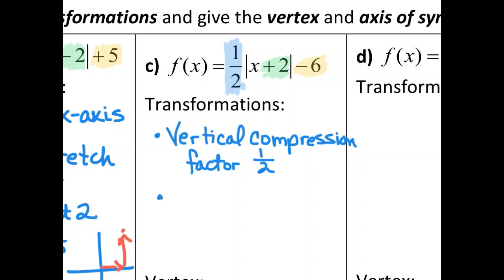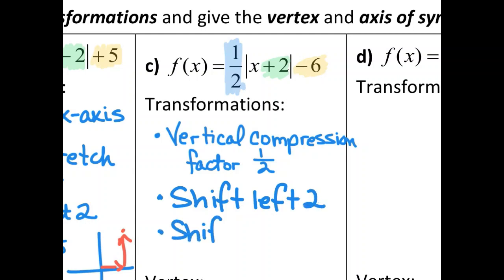Your +2 on the inside is a shift. Remember that insiders lie, so this time it's a shift to the left, 2. And the -6 on the outside, that's going to be a shift down, 6.